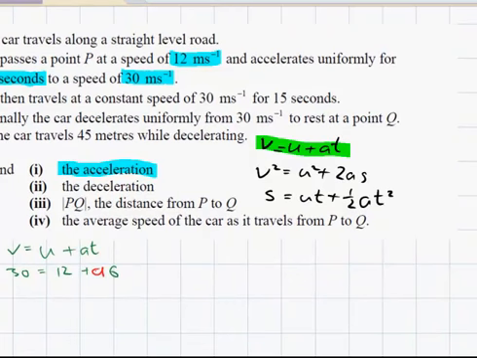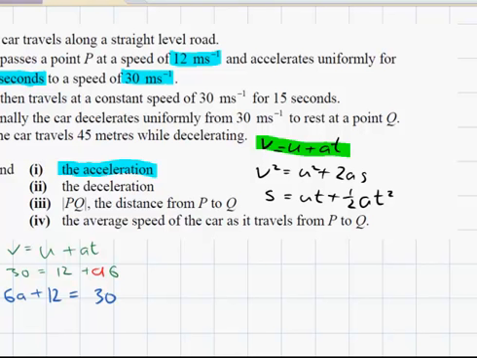Now it's just simply an algebra problem. When I come to doing problems like this, I would always tend to bring over the 6a plus 12 to this side. So 6a plus 12 is equal to 30.